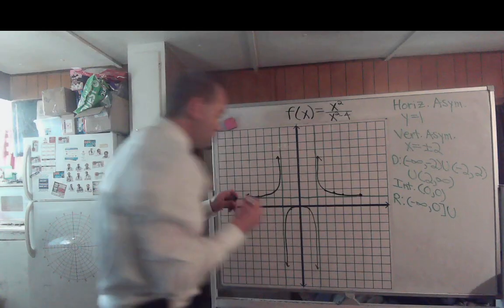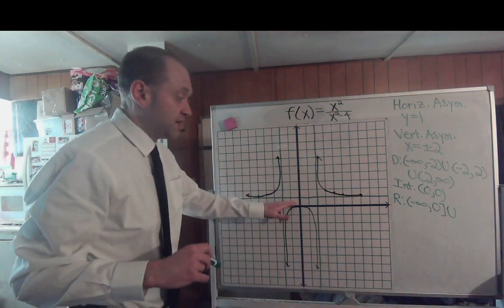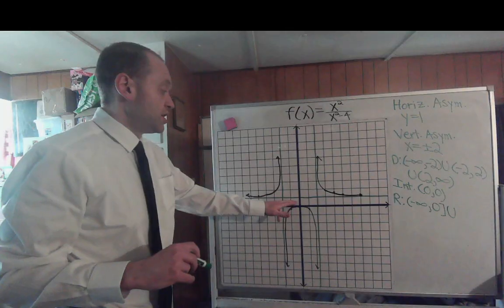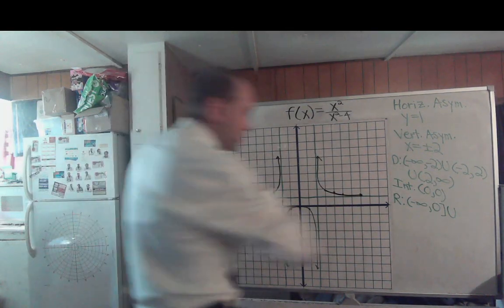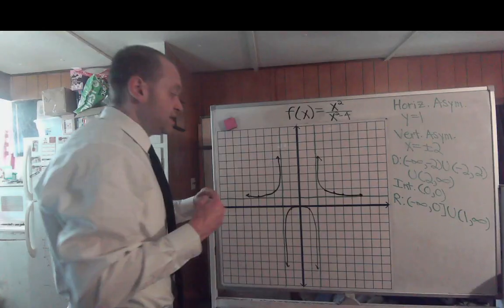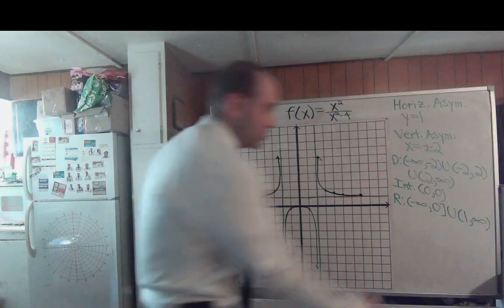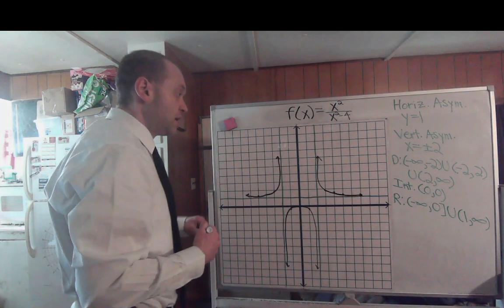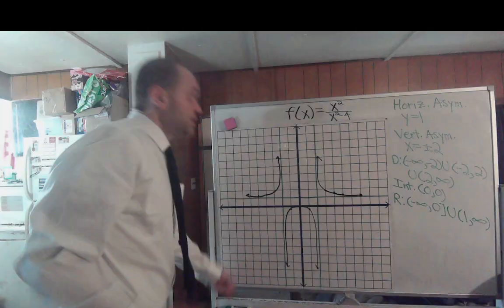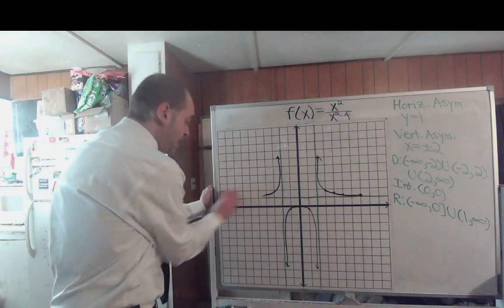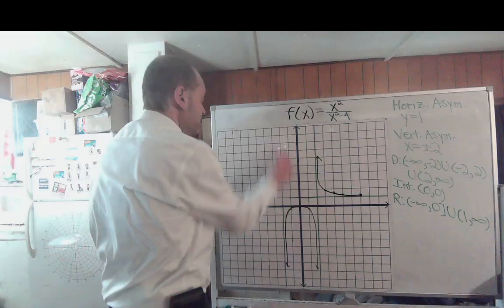But notice your y values don't take on anything between 0 and 1. Your next part of the range is actually all the way up to 1 non-inclusive to infinity, because you get infinitely closer and closer to y equals 1 without actually reaching it. So there's your range. Now let's go on to some graphs where we have a higher degree in the numerator than that of the denominator.